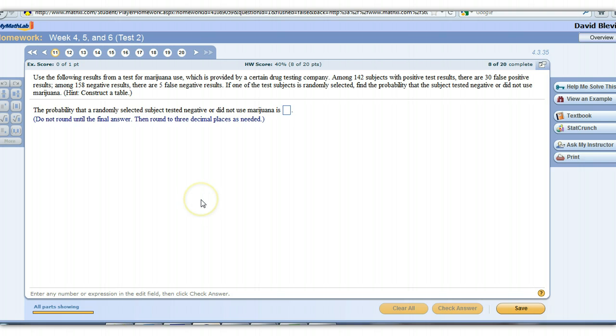To get a false positive, it means that you tested positive that you use marijuana and you never used it before. To get a false negative, it means that you did use marijuana, you smoked marijuana, you took your test, it did not show that you used marijuana. Alright, so it didn't pick up on that you used it. So what do we need in our table?